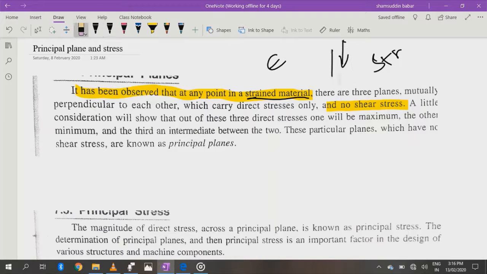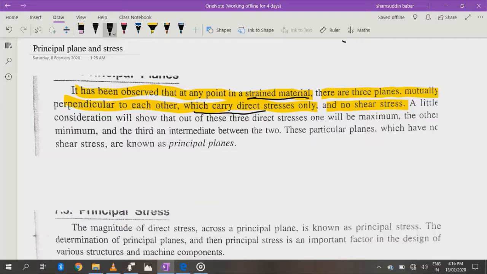Now I can say that it has been observed that at any point in a strained material there are three planes mutually perpendicular to each other which carry direct stresses only. Direct means perpendicular stresses. So for example, this is our body, and this is a point where there are direct stresses.